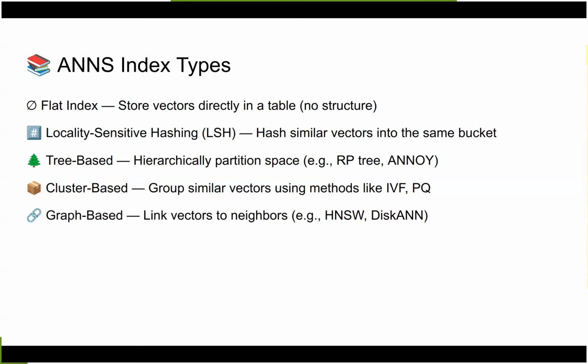And the last approach, which is the most effective approach until now, it may change next year, I don't know, is a graph-based approach. So you basically create a graph, connect your vectors in a smart way together, and then search the graph to find the k-nearest neighbors.